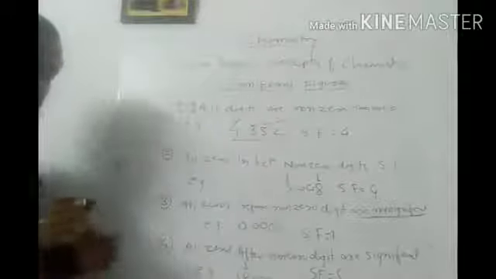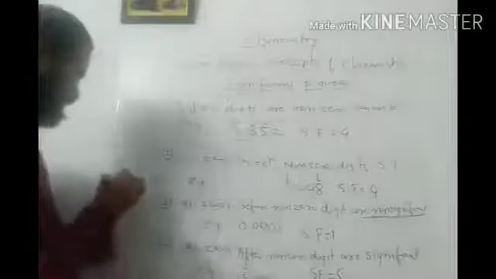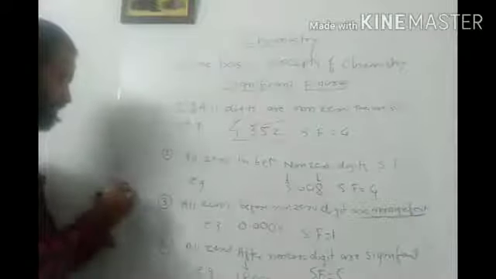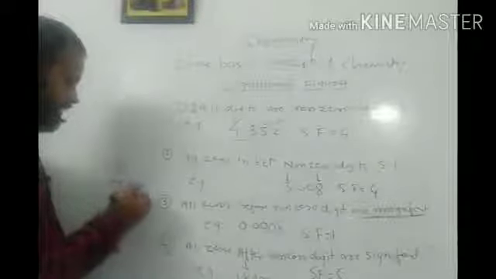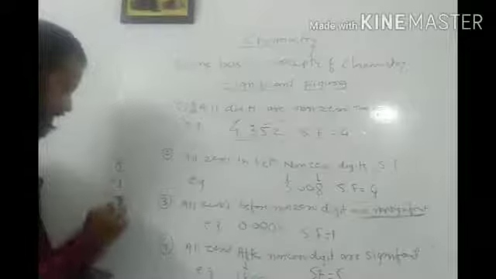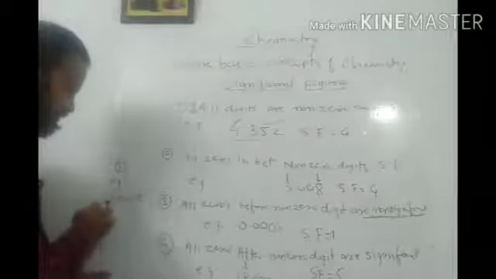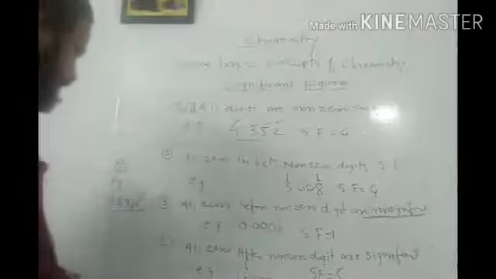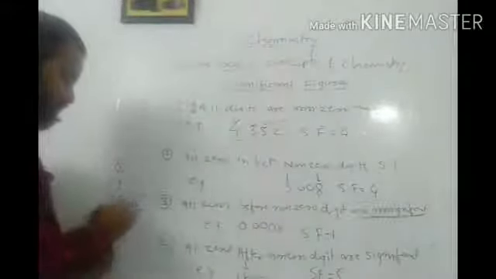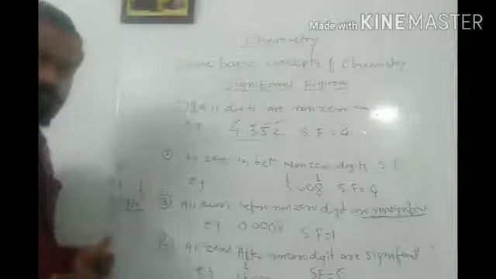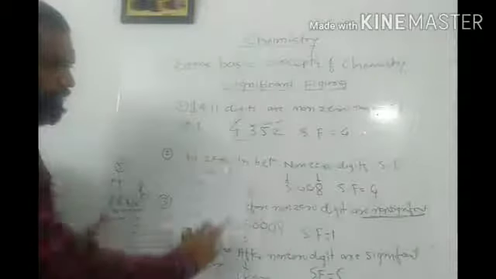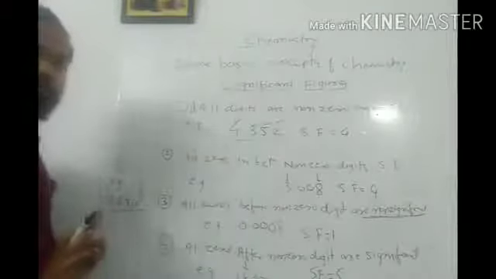If a power is present in the number, for example 2.8 into 10 raised to 5, and we have to write down the significant figures of this number, then we simply neglect the power term. We consider only this term and apply the rules to it, and that gives the significant figures of the number.